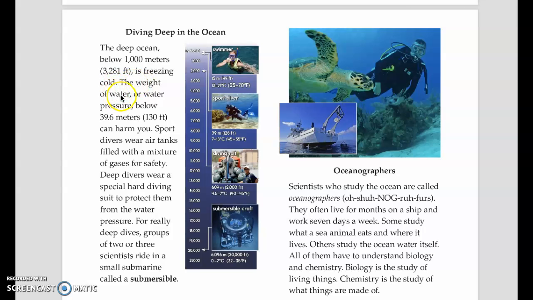The weight of water or water pressure below 39.6 meters can harm you. Sport divers wear air tanks filled with a mixture of gases for safety. Deep divers wear a special hard diving suit to protect them from the water pressure. For really deep dives, groups of 2 or 3 scientists ride in a small submarine called a submersible.